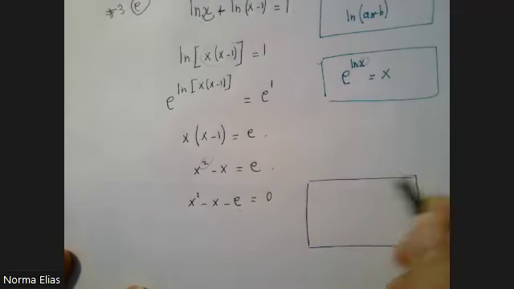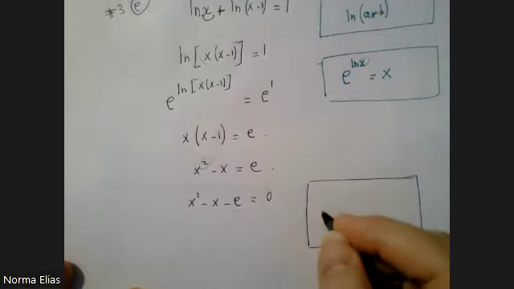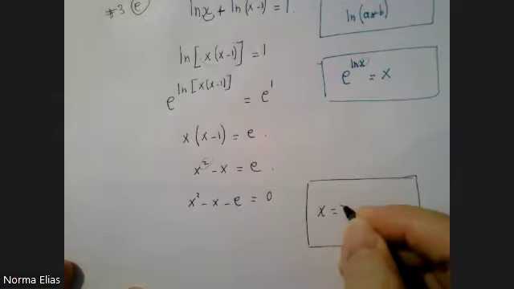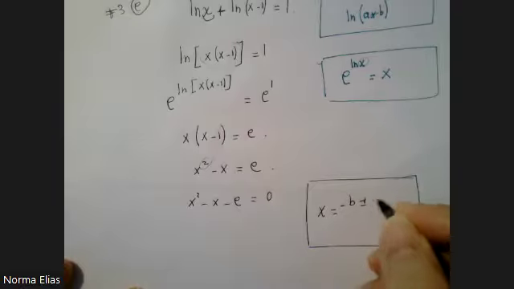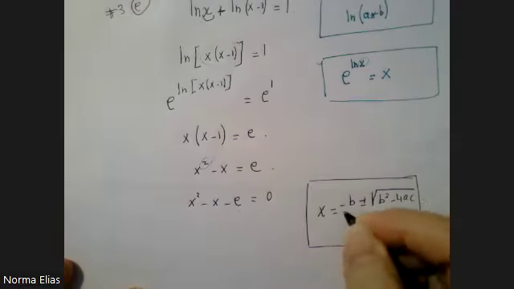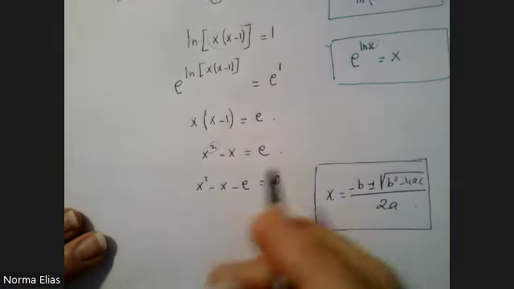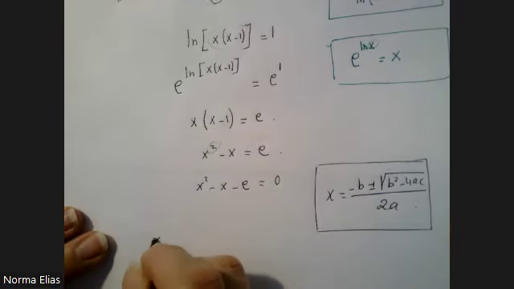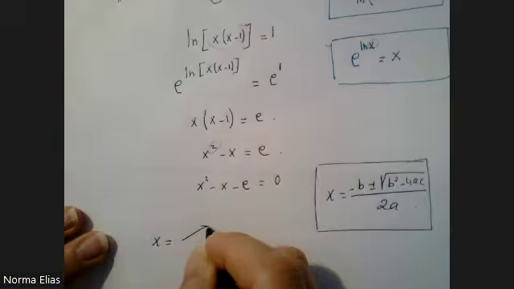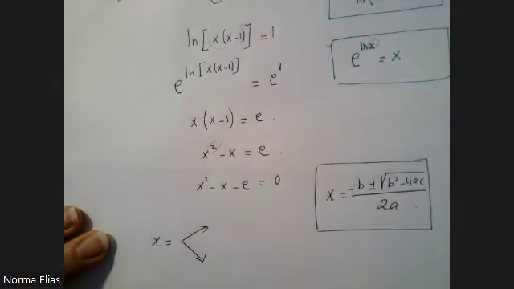Yes, absolutely. Quadratic formula. So the quadratic formula tells me x is minus b plus or minus the square root of b squared minus 4ac, divided by 2a. Quadratic, I don't know how to solve it. Absolutely quadratic formula. So let us see the x here. And we know we have two solutions, the plus and the minus.